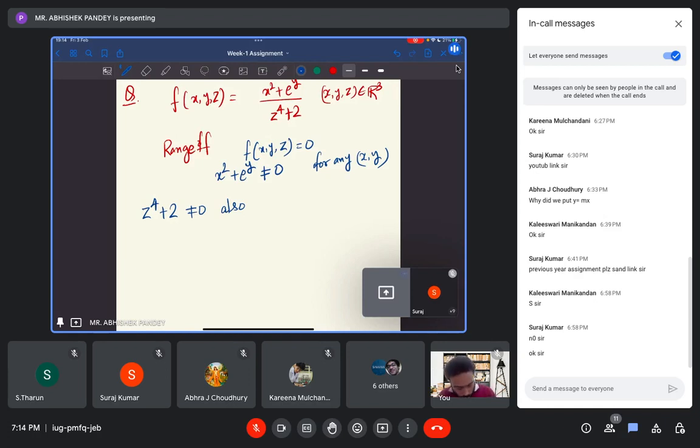Okay, so now if you see that whatever the value we will take, this numerator x square plus e to the power y, this will always be greater than 0, isn't it?